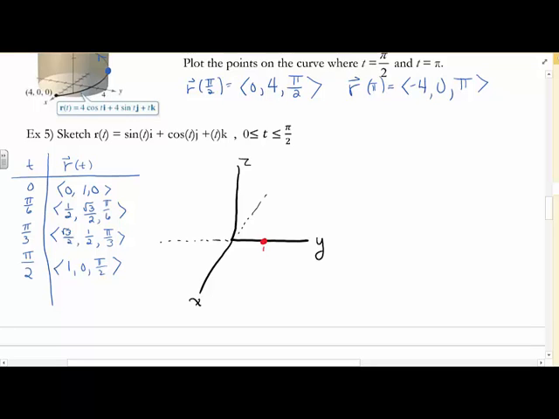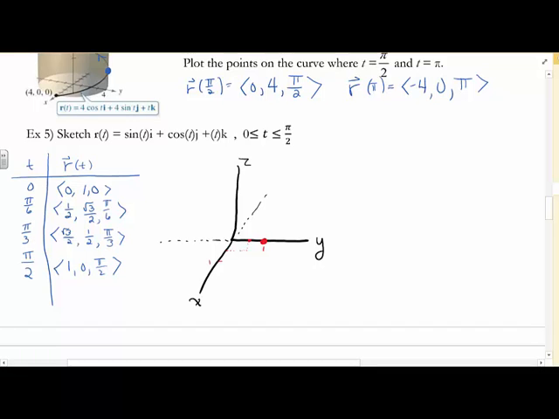Y has decreased a little bit, but I've got to go up a little bit. So it would kind of sort of be plotted right there, which I know is a little bit weird. But we are technically going up because this would be like 1/2. So if this is 1, this would be about 1/2, and this would be a little bit less than that. And then I have to shift up on the z-axis.